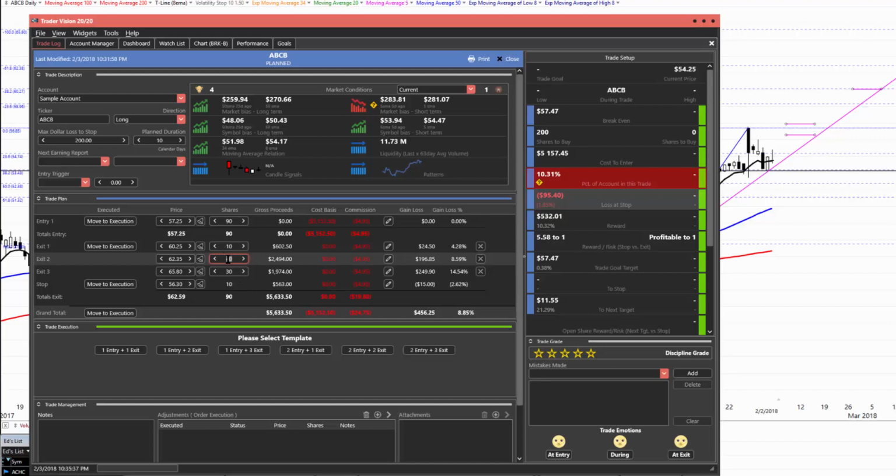Well, it's almost not worth taking 10 shares off here because we're only making $24.50. And if we think that's a reasonable target, which I think a 38.2 extension of the previous run is reasonable, we probably need to take more off the table here at that first target, even though it's only 4.25%.